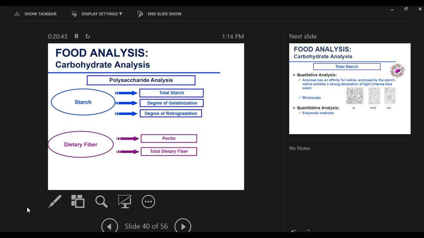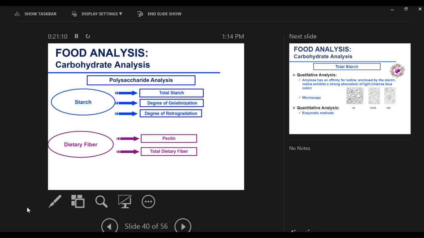For example, if you're processing, you want to determine the impact of processing or storage on starch gelatinization, like in the formation of pasta, or the impact of storage on starch retrogradation. If you're studying that, you need to be able to determine these parameters.